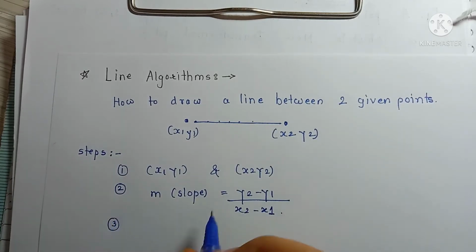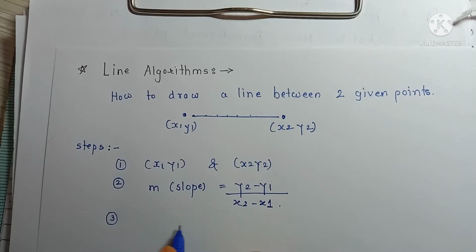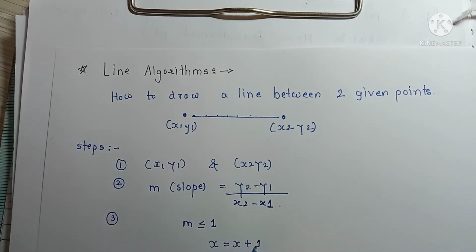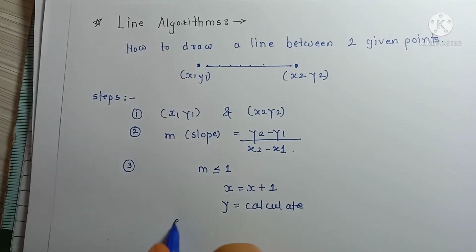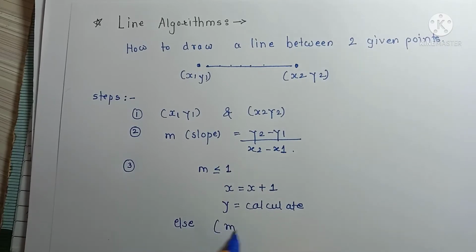Further, these are the basic steps we have to apply in all the 5 algorithms. If your slope is less than or equal to 1, then you have to increment x by 1 and y we have to calculate by using the formula. Else, if m is greater than 1, then y is y plus 1 and x we have to calculate.